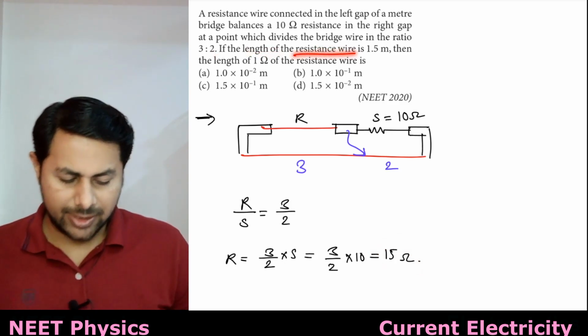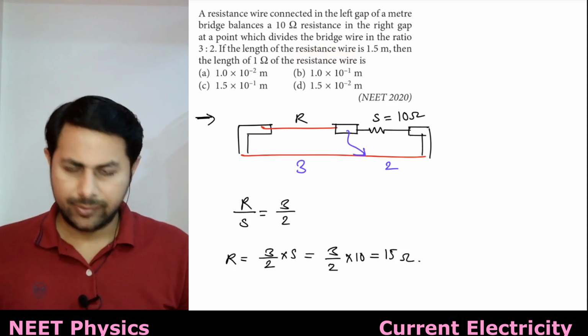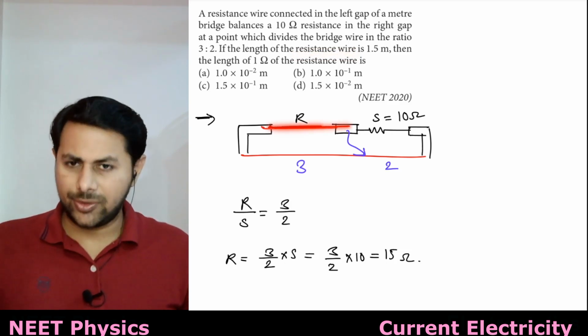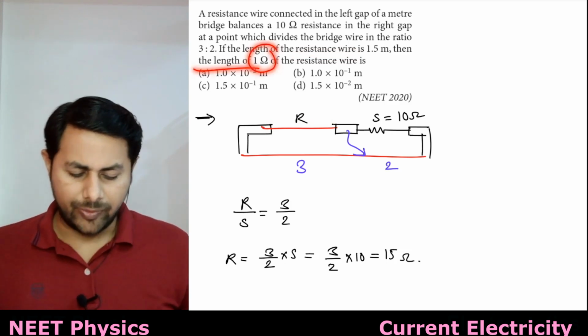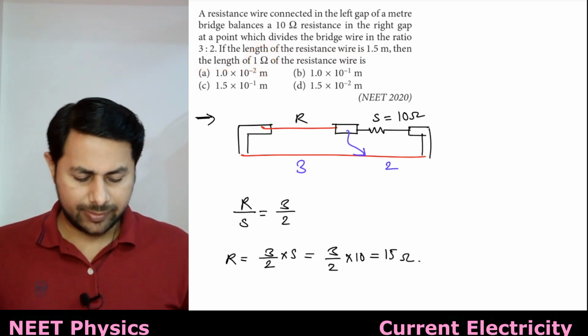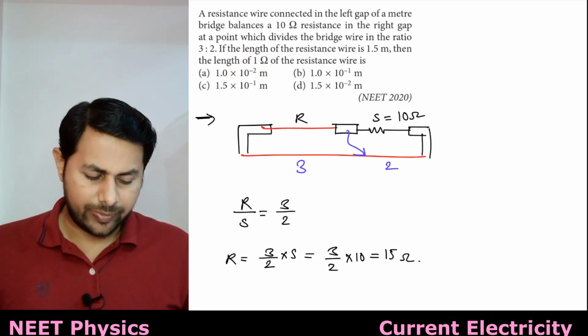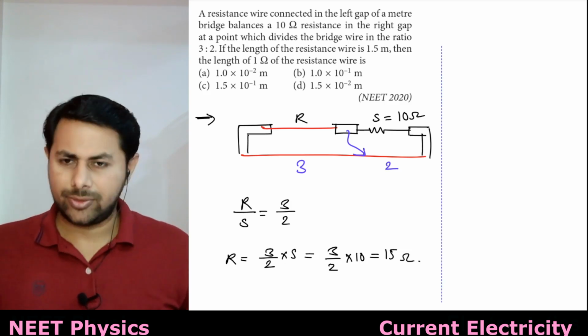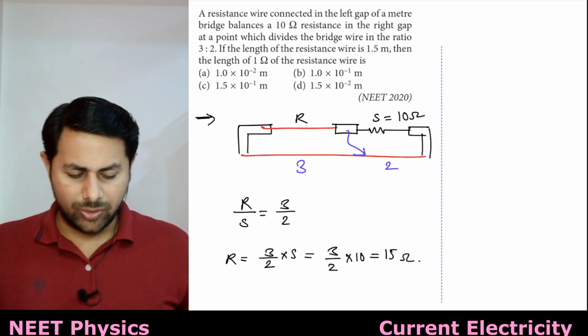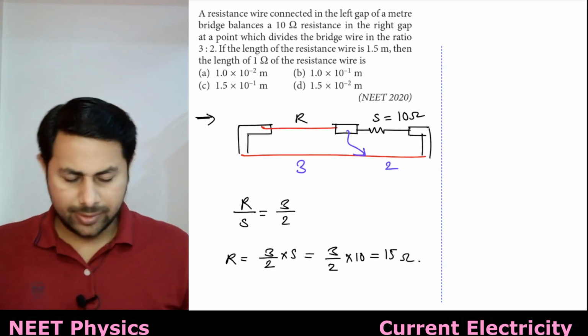If the length of the resistance wire is 1.5 meters, the length of this wire is also given, then what would be the length of 1 ohm of the resistance wire? So how can we find it out? The total resistance is 15 ohm, the total length is 1.5 meters, right?